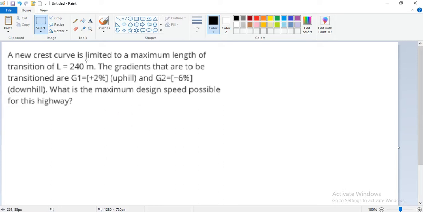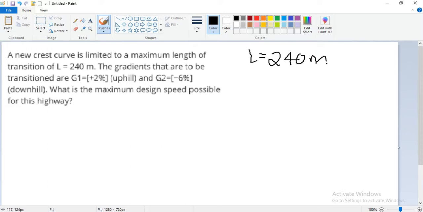A new crest curve is limited to a maximum length of 240 meter. So now we have the length 240 meter.